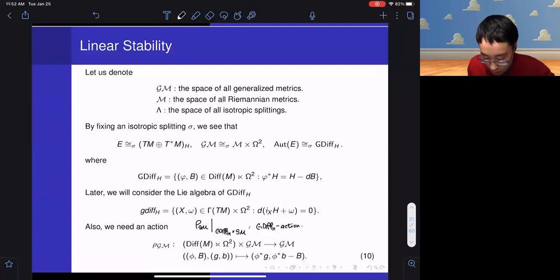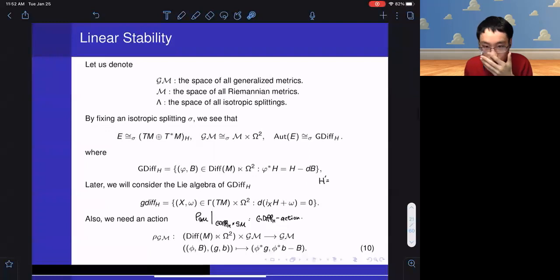Before we move to the next part, let me mention one more thing. If you denote H prime to be the 3-form corresponding to V star B minus B, then what do you have?